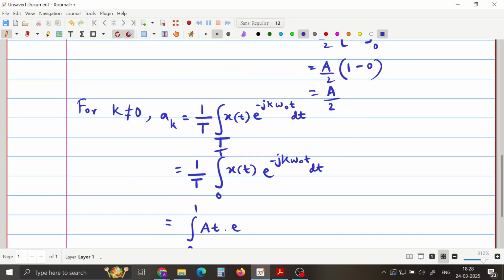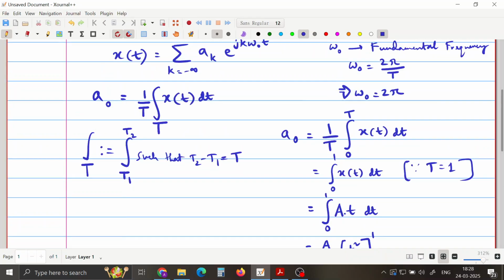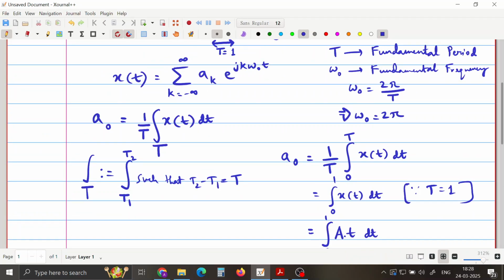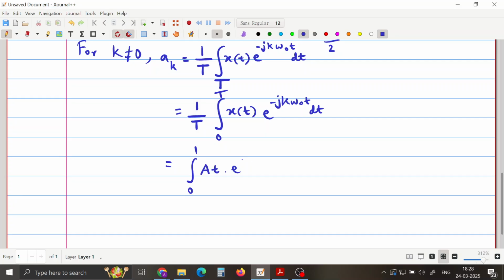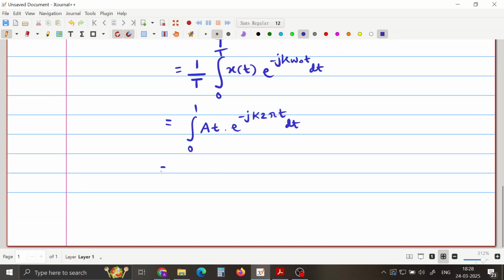So what about omega naught? Omega naught I had already figured out, it is equal to 2 pi, using the relation between omega naught and T. Omega naught is given by 2 pi by capital T. Capital T is 1, so omega naught is 2 pi. So I can substitute omega naught here, since T equals 1 and omega naught equals 2 pi.